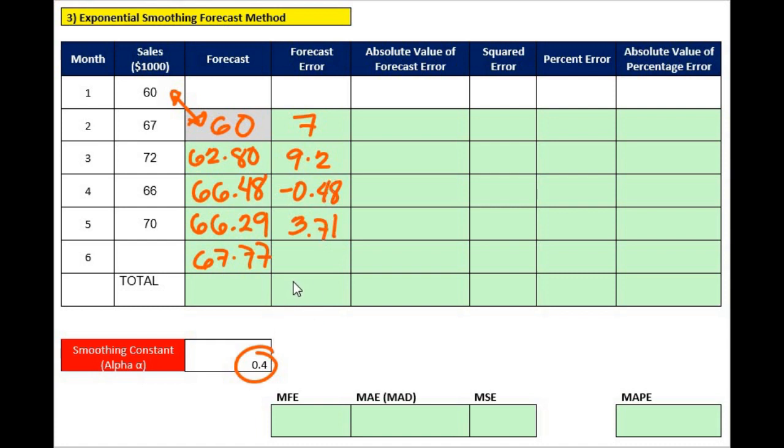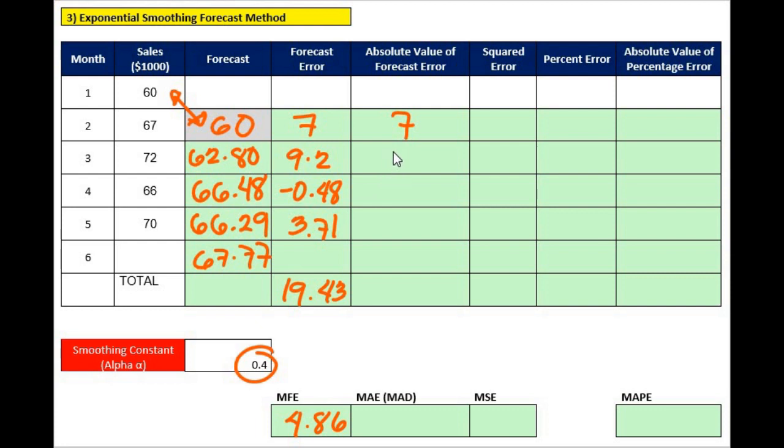We get the sum. We will come up with 19.43 divided by 4. That will be 4.86.